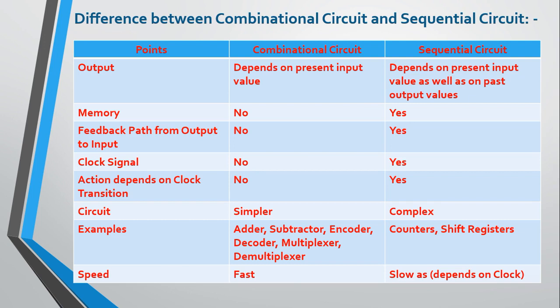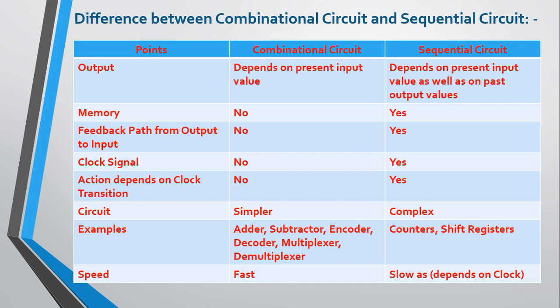So in the combinational circuit, the output depends on the present value of input variable. But in the sequential circuit, we have applied two inputs. One input is from the external source.